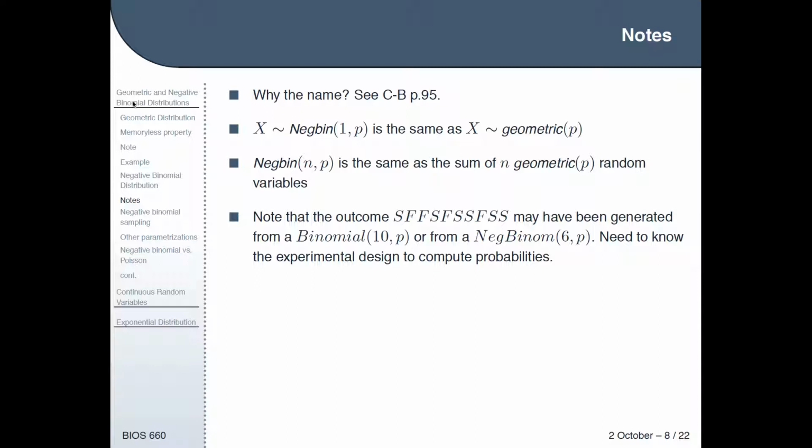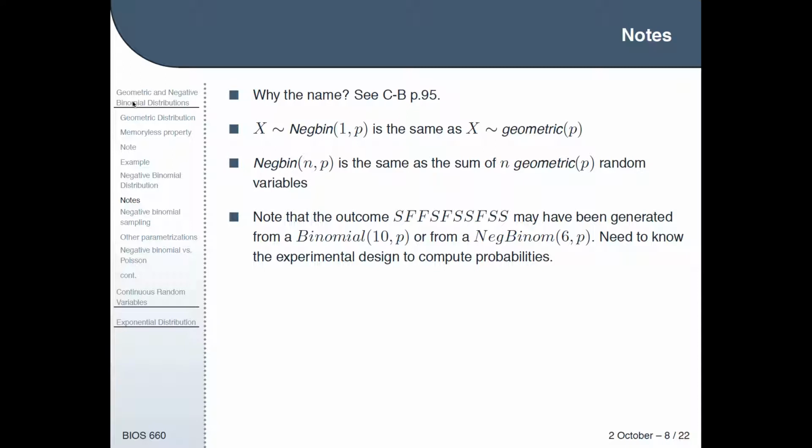And also worth pointing out that if you have a sequence of successes and failures, just by looking at that sequence, there's no way to know if it was generated from a negative binomial or from a binomial distribution where we do 10 fixed trials, or a negative binomial where we stop after we get 6 successes.